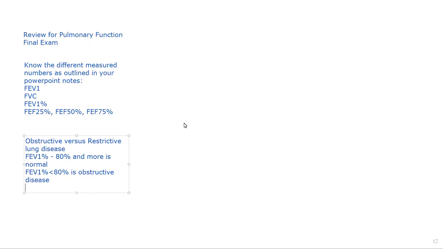And then there's different levels of airway obstruction. So it was mild obstruction, moderate obstruction, and severe obstruction. And if the FEV1% is less than 70%, a bronchodilator is indicated.